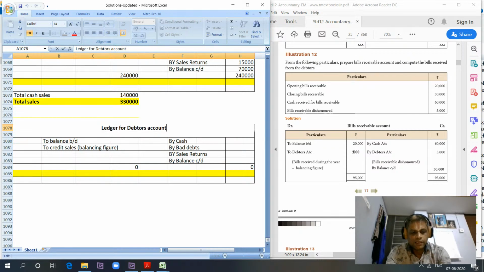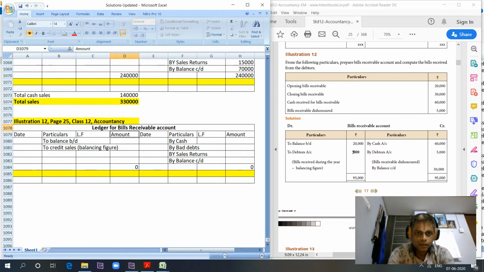Ledger for bills receivable account. Opening bills receivable is equal to 20,000. Then closing bills receivable is equal to 30,000.